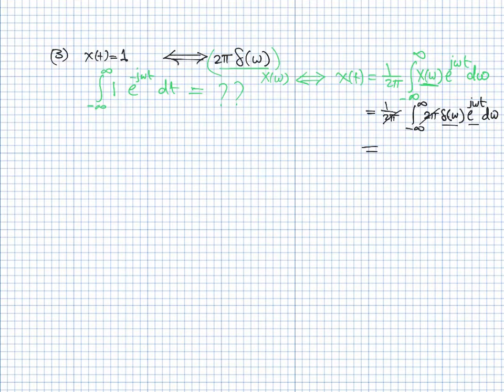At omega equals 0, not at t equals 0, because we are integrating with respect to omega. So this is equal to e to the j 0 t, which is equal to 1. So we showed that when you start from this in frequency, you get to this in time. This is enough proof that 1 has a Fourier transform equal to 2 pi multiplied by delta of omega.